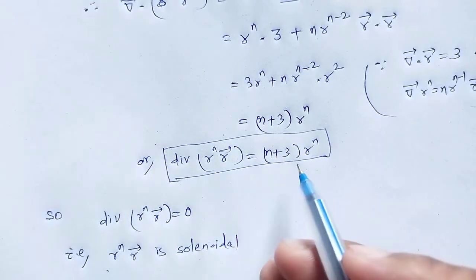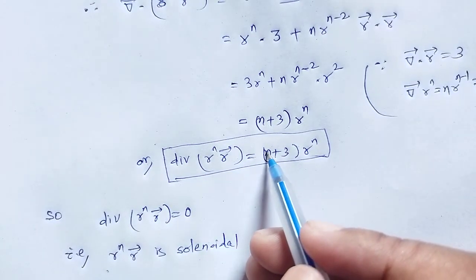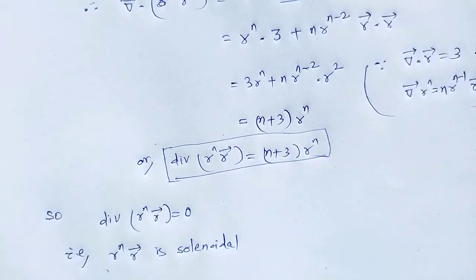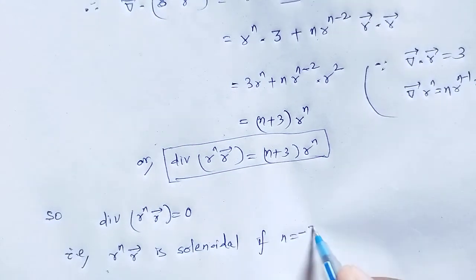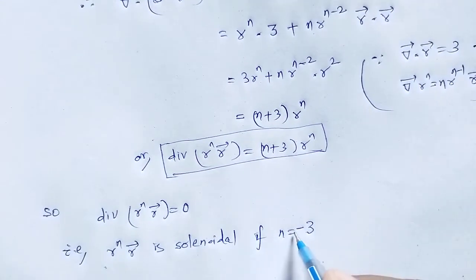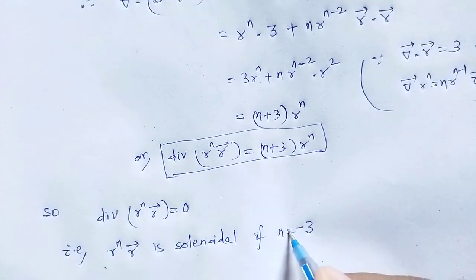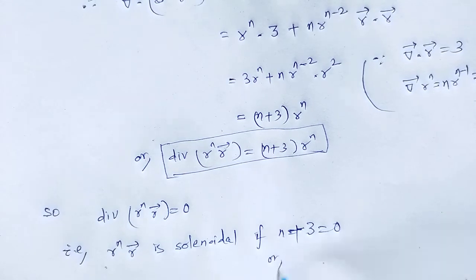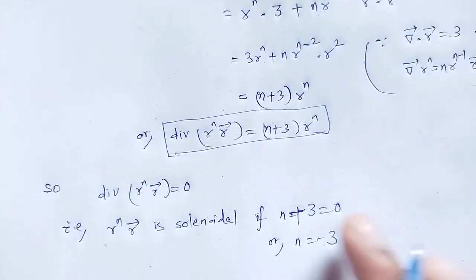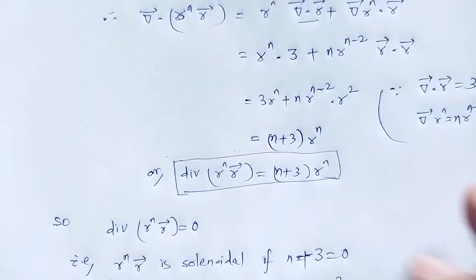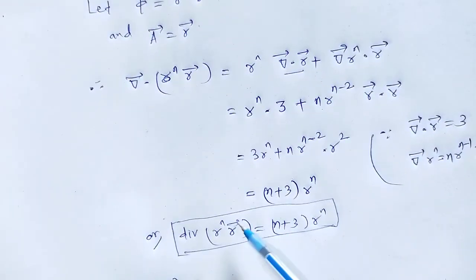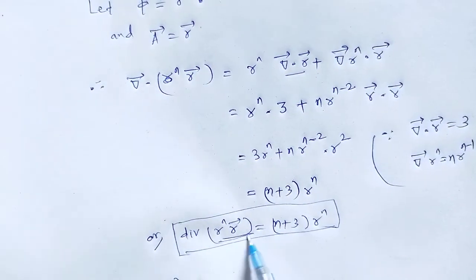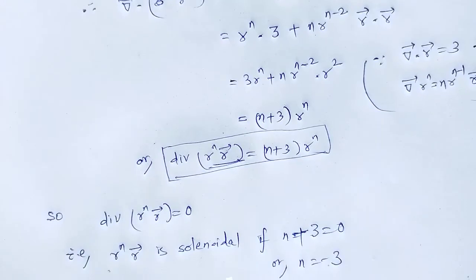That will be 0 for the condition n equal to minus 3. When n equal to minus 3, this term will be 0. That's why R to the power n into R vector is solenoidal if n plus 3 is equal to 0, or n equal to minus 3 for that condition. Now we proved that R to the power n R vector is solenoidal.